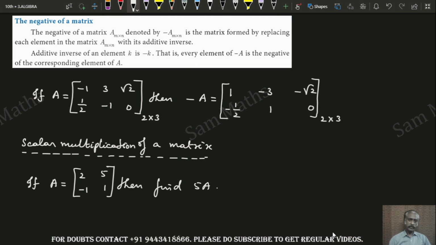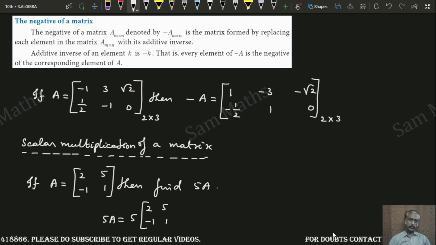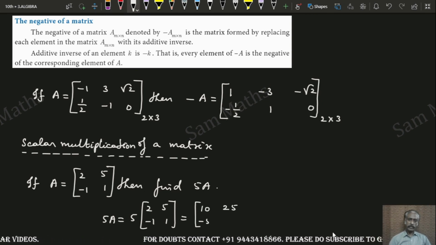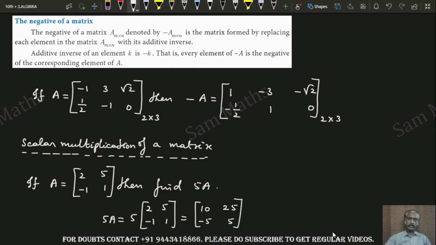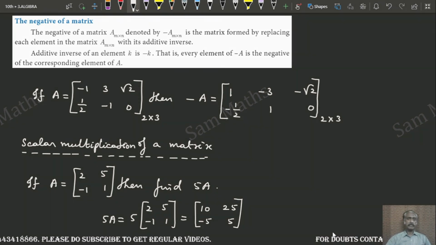So it's very simple. 5A is equal to 5 into the matrix 2, 5, minus 1, 1, which is equal to 10, 25, minus 5, 5. These are all the basic definitions you must know to solve the problems. In the next video, we'll discuss the problems based on these definitions.